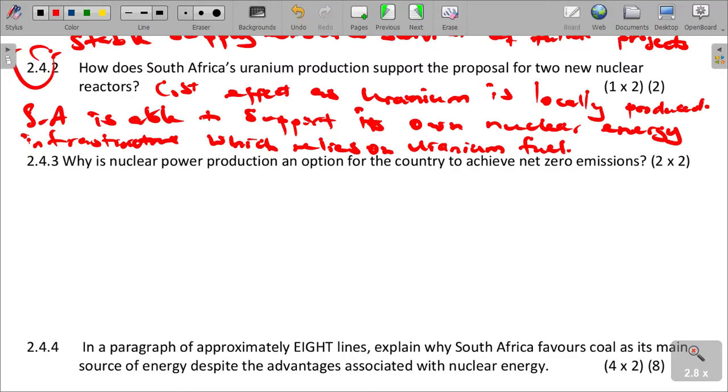The next question is saying, why is nuclear power production an option for the country to achieve zero emissions?